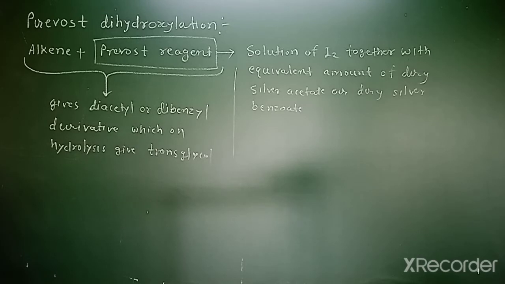The difference between these two dihydroxylations is that Woodward dihydroxylation gives cis diols, that is, cis glycols. The OH positions are on the same side of the carbon-carbon bond. In Prevost dihydroxylation, there is also formation of glycols, but instead of cis it gives trans glycol.